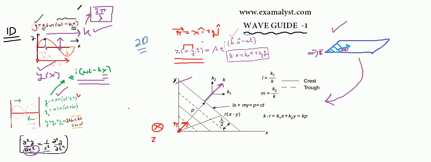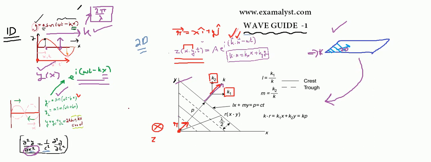So I gave you an intuitive understanding of what k is, and I gave you an intuitive understanding of what r is. And I also said why k can have two values, because k is the direction in which the wave is moving, and that direction can be anywhere. And since the wave is moving in xy direction, k can be broken up into two components along x and y direction.